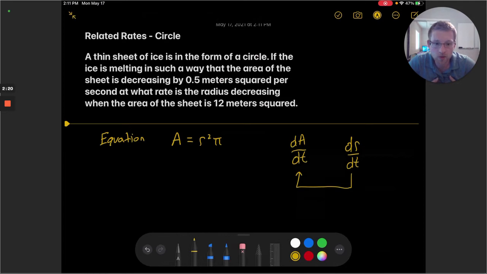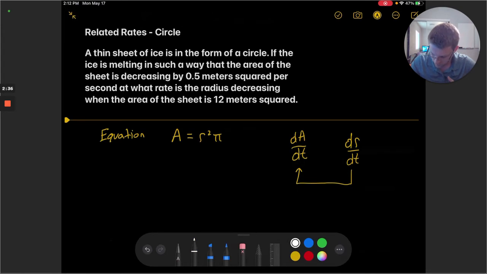So to be able to relate those two rates, I need to find them in terms of that equation. And so we're going to try to take the derivative with respect to time of this connecting equation, of both sides.